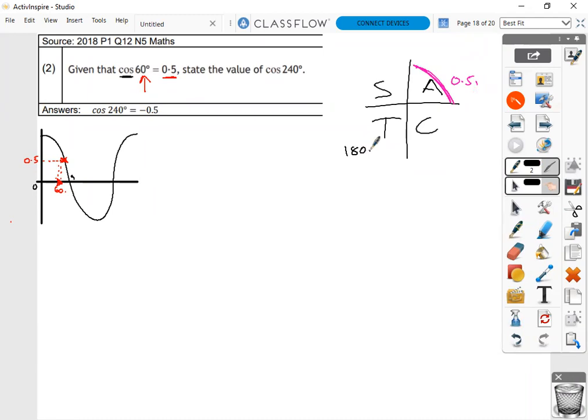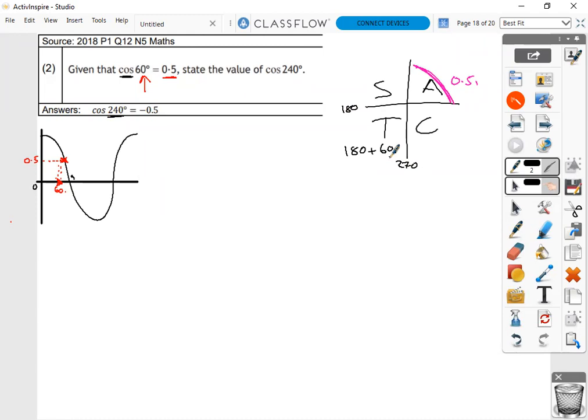It's in the third quadrant, in between 180 and 270. So we're doing 180 plus that 60 to work out in that quadrant.